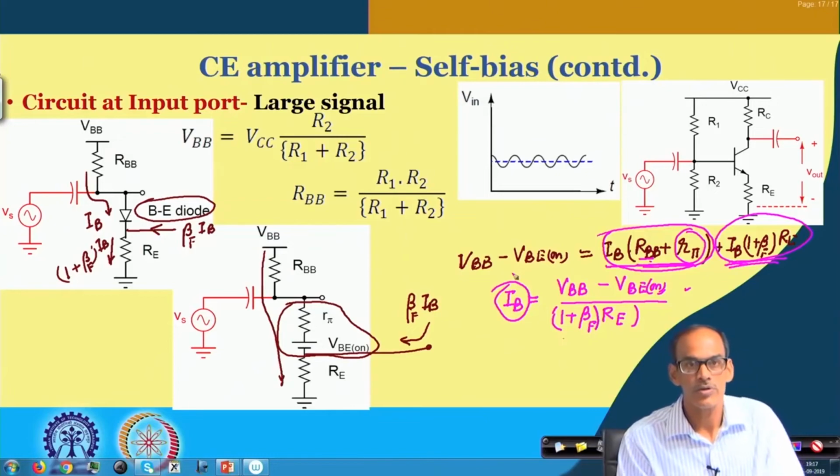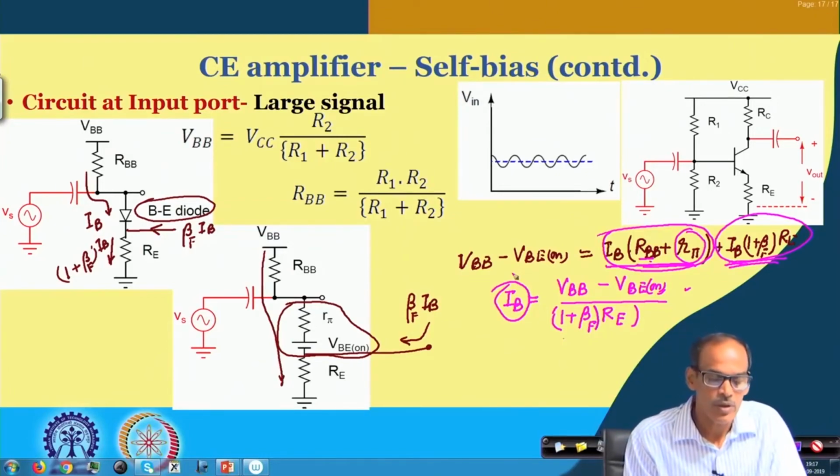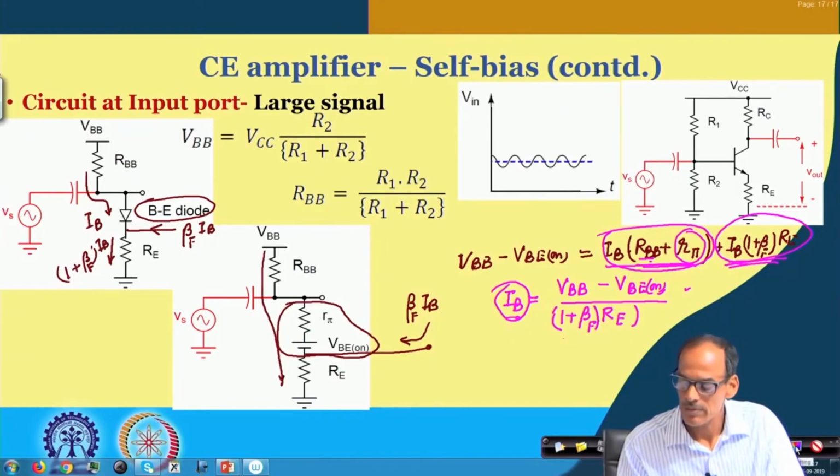Whenever we will be talking about some numerical example, we will see that this current will be very small, and once we get this IB, then the collector current IC equals beta F into IB.